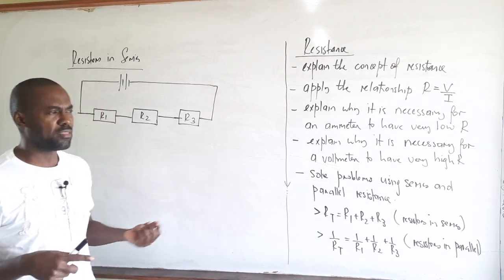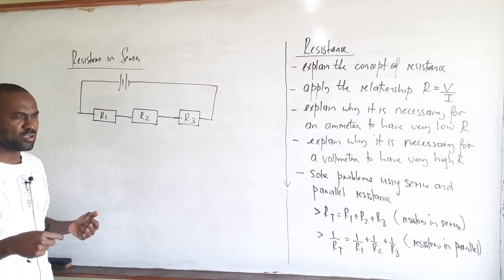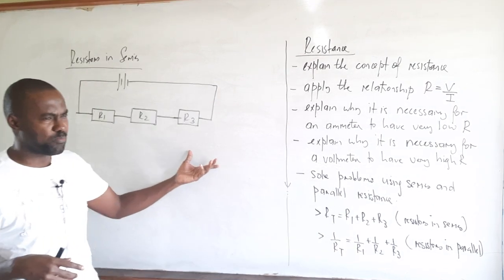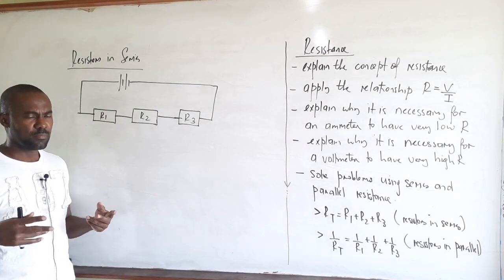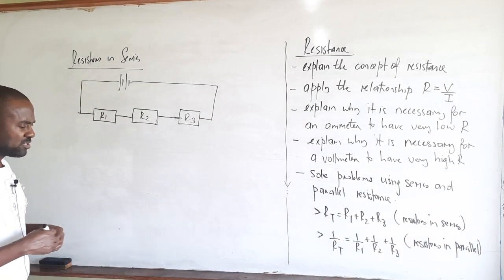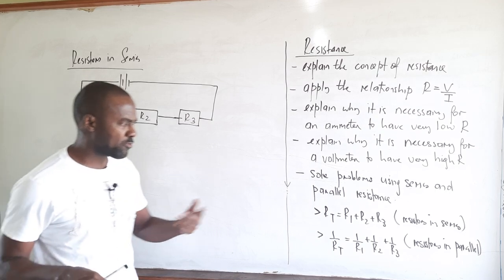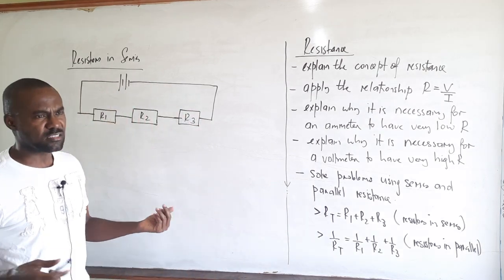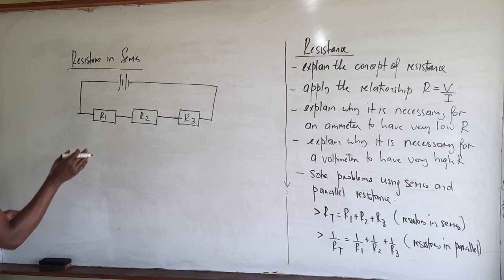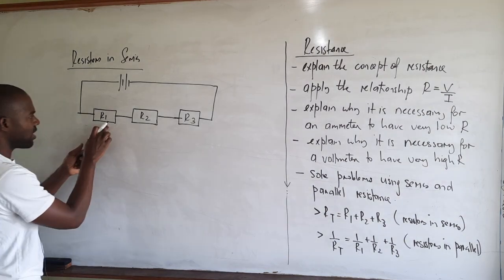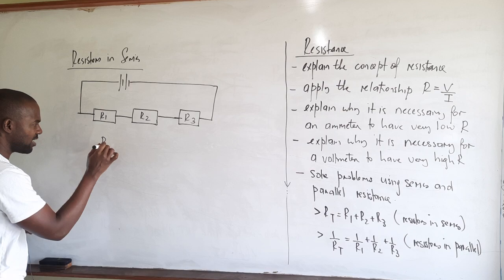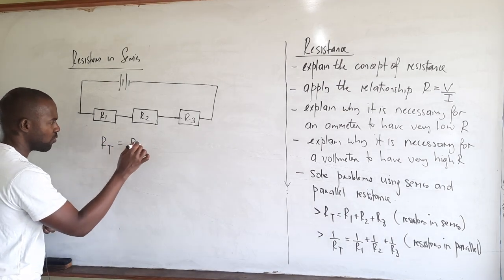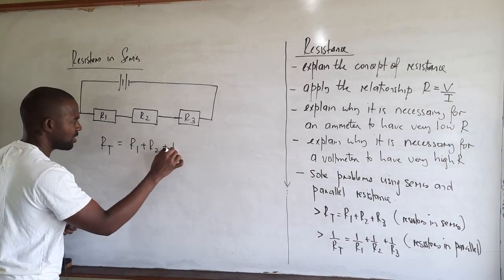And we also saw that the total PD across the components was equal to the sum of the individual PDs across the components. Now, the syllabus doesn't require us to be able to derive these expressions, but it just requires us to be able to use them. So for instance, if we have 3 resistors of resistance R1, R2, R3 connected in series, then their total resistance RT is simply given by R1 plus R2 plus R3.